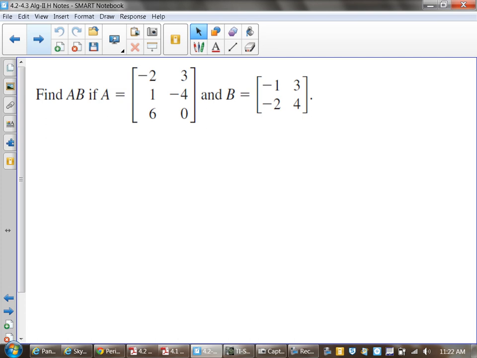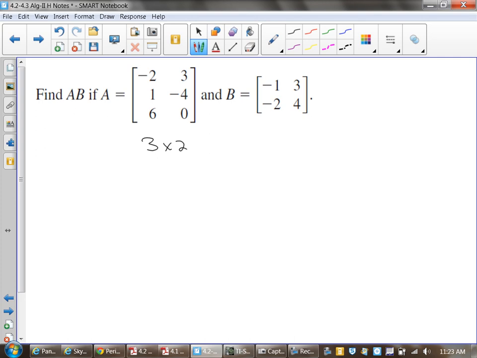Today what I want to do is start with one that isn't a square multiplied by a square one. Now, remember, when you're talking about matrices, do rows go first or columns? Rows. And rows are the ones that go across. Exactly. So matrix A is 3 rows, 2 columns.